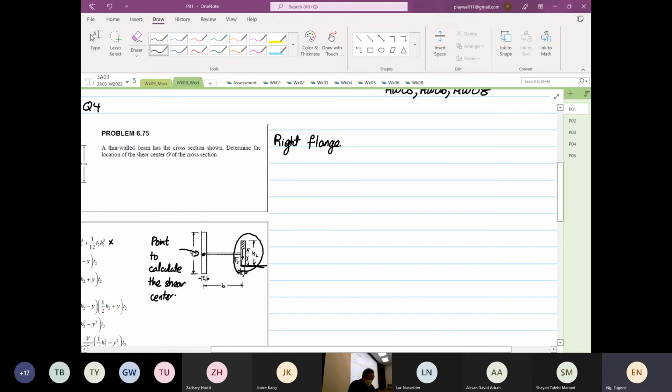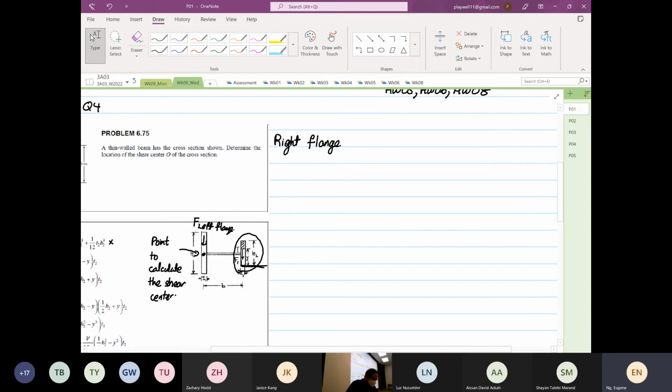Okay, so this is the point that's considered. There's no point finding the force on the left flange, because it's coming directly at the dot over there, and there's 0 moment. So that's why we concentrate on the right flange, for that reason only.